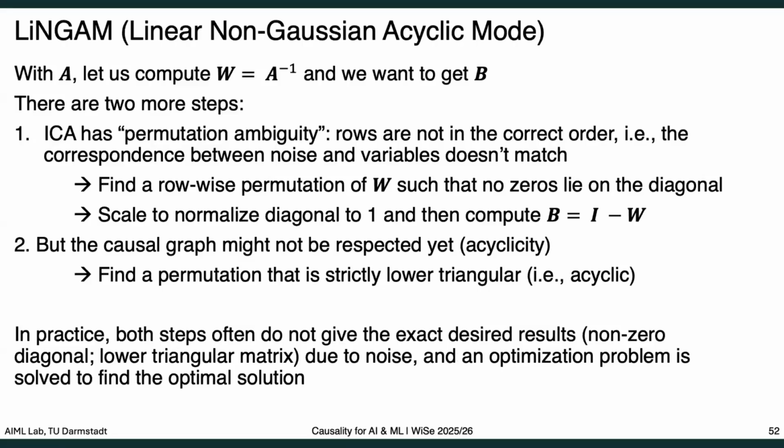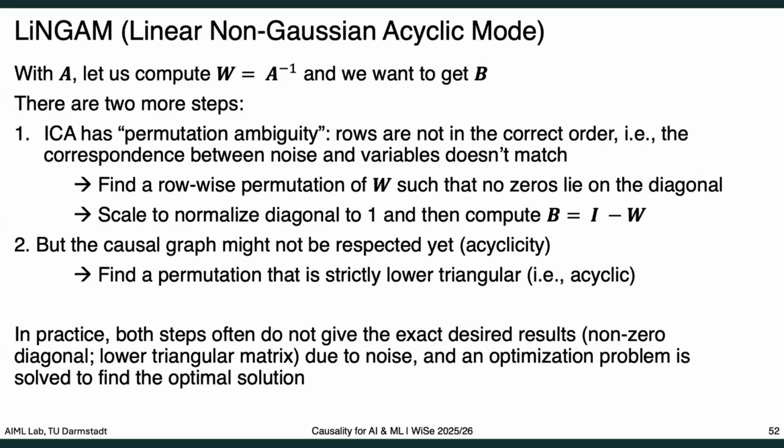Why do you have to do this? That is because both steps are probably, on real world data, not completely exact. You probably have, at some places where the number should be 0, some epsilon like 0.0005 or whatever. So what is actually done in both of these steps is, instead of solving this simply algorithmically, you have an optimization problem where you say, okay, these numbers that we want to be 0 should be as small as possible.